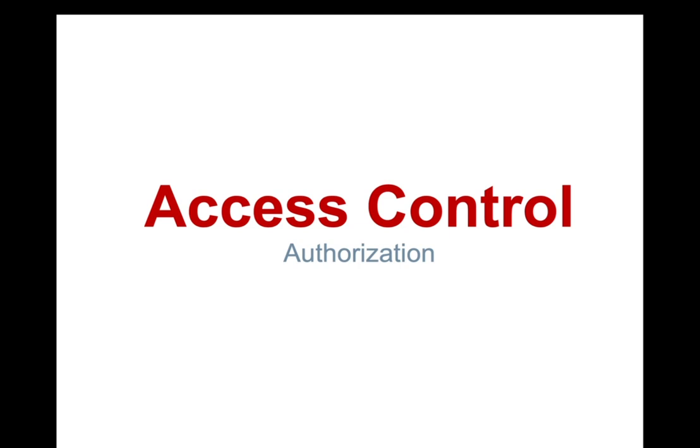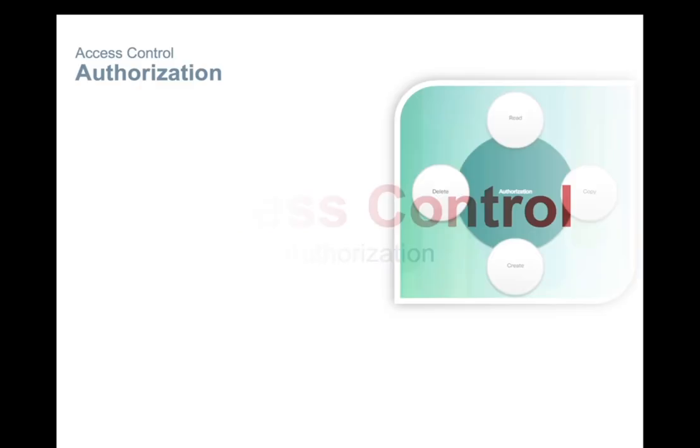Authorization controls what a user can and cannot do on the network after successful authentication. After a user proves his or her identity, the system checks to see what network resources the user can access and what the user can do with the resources.